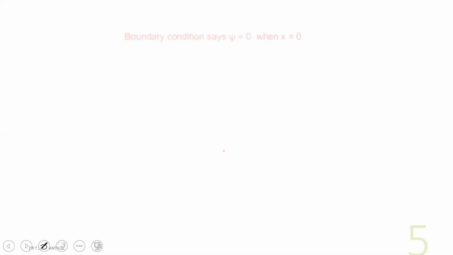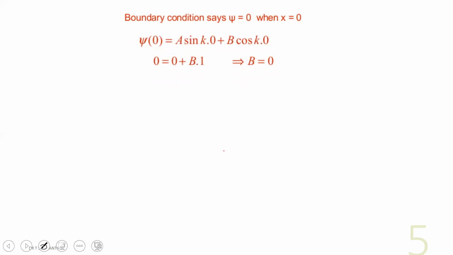If we substitute these values, then we will identify that the B value is equal to 0. Now we are substituting the B value in the fourth equation. Then we will get the fifth equation, that is psi of x is equal to A sin kx. This is the fifth equation.